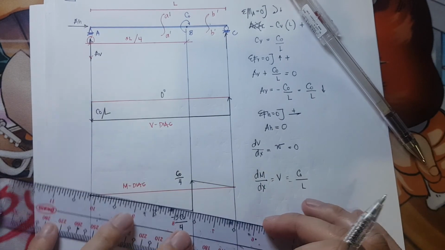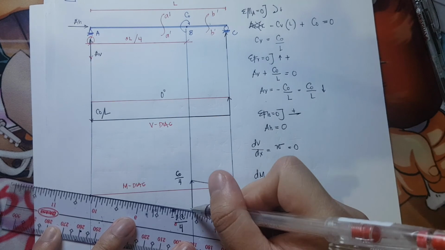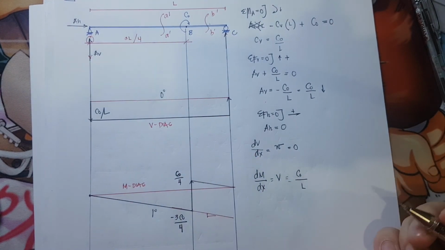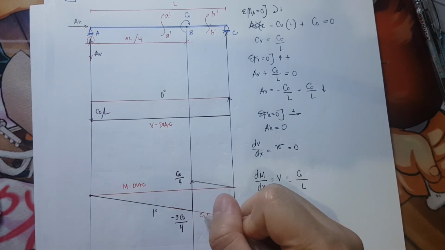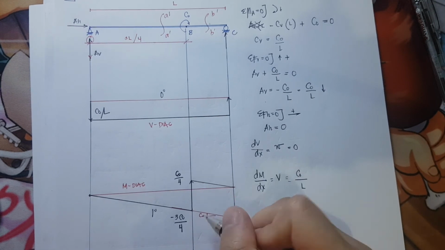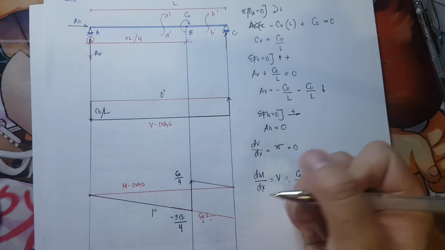So it is pointing downwards. So the slope is C of naught over L to 1.